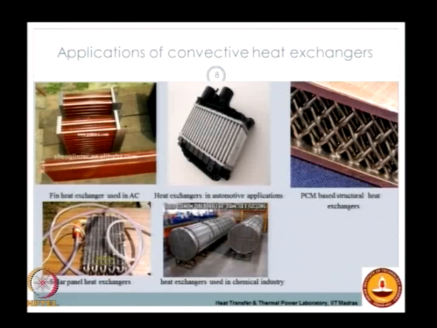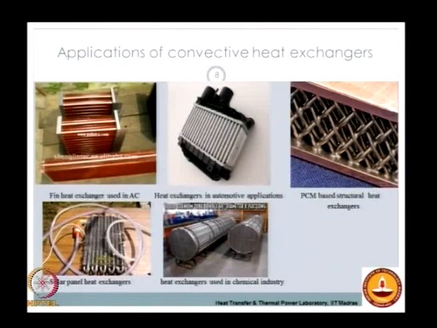So typically wherever you encounter heat exchangers where the heat is transferred between two fluids, two moving fluids, there you are talking about convective heat transport. You could look at, for example, your air conditioners where fin type heat exchangers are being used, and there is a flow past these fins from outside where air cools down the working fluid passing through these tubes.